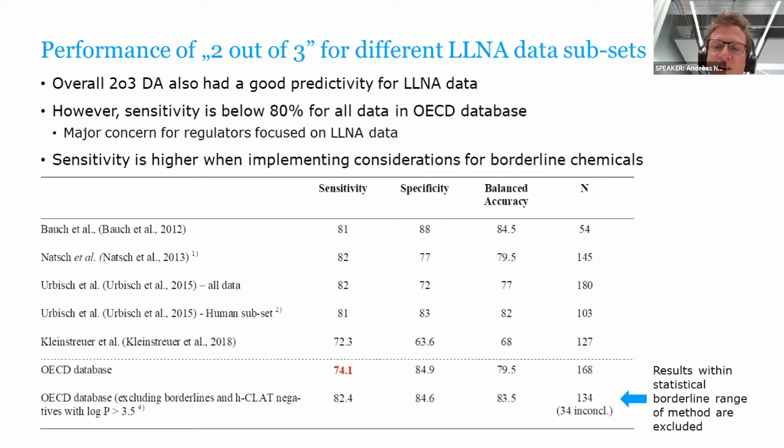And if we only look at the 134 certain chemicals, then we are again at the balanced accuracy above 80%. So the OECD guideline now proposes to only conclude on the clear-cut chemicals, and that more data is needed if we are in that borderline range.